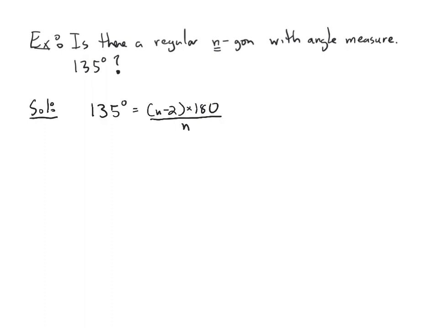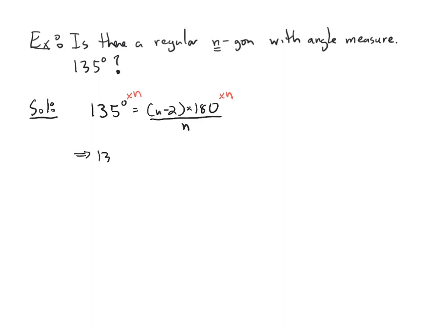So now we have an equation to solve. We want to solve for n. Let's multiply both sides by n. N's not going to be 0. You can't have 0 sides, so we know that dividing by n isn't going to screw things up. So let's multiply both sides by n.